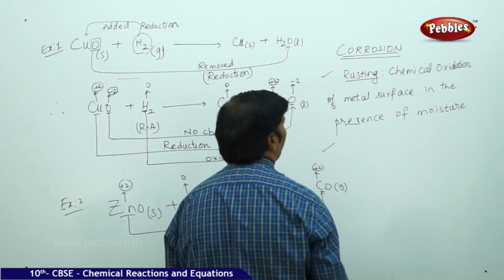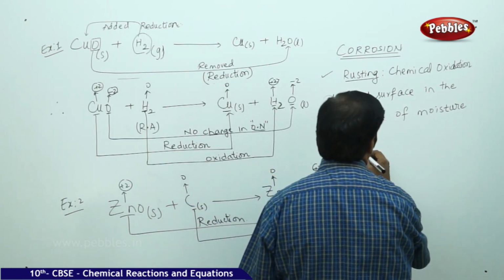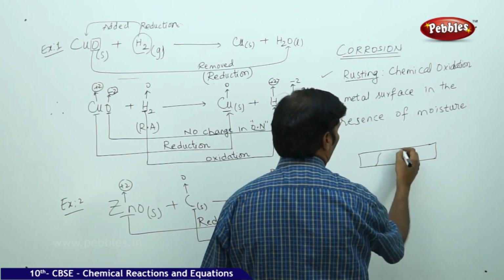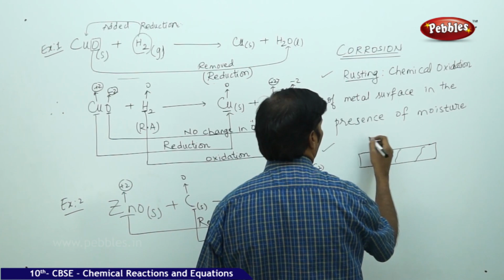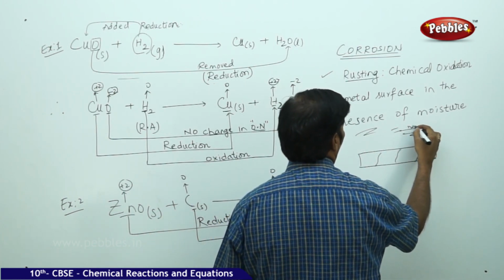So in other words, if you take a piece of iron rod, which is uniform in its surface, and this is the moisture.